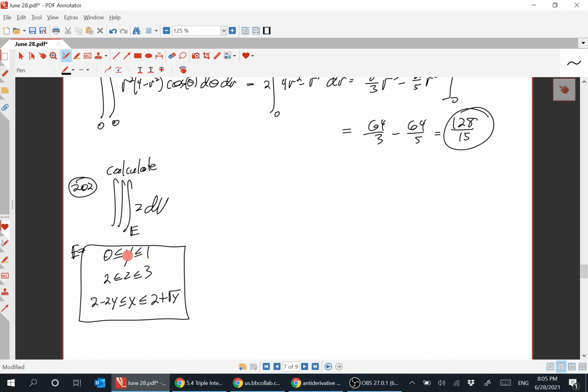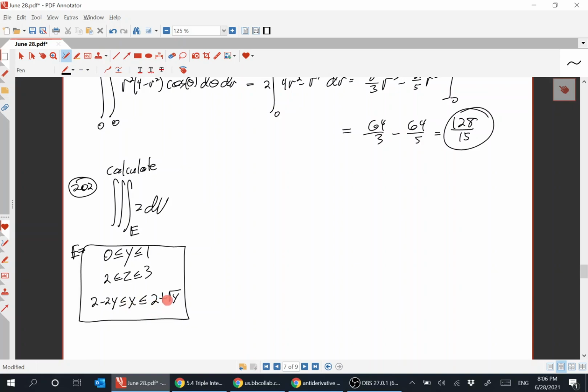So y is bounded by constants. z is bounded by functions of y. I mean, there's no y appearing there, but you can just say these are constant functions with regard to y. So these can actually be switched. I could do z, y, and then x, or y, z, and then x. Doesn't matter. But the x is bounded by functions of y and z.